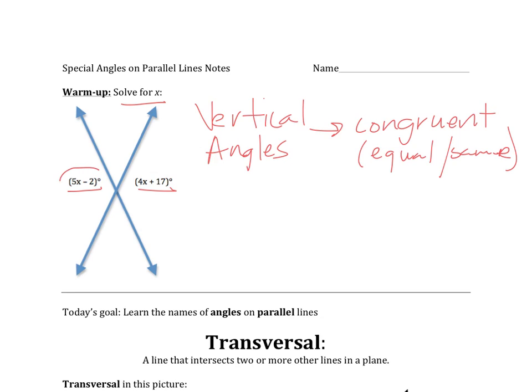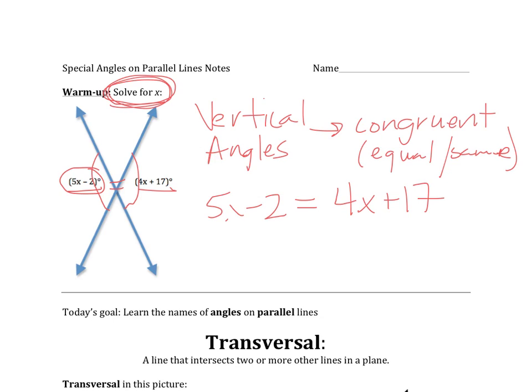So I know that this angle is equal to this angle. So what I can write is 5x minus 2 has to be equal to 4x plus 17. And I need to solve for x, so I am going to get all of my x's on one side.